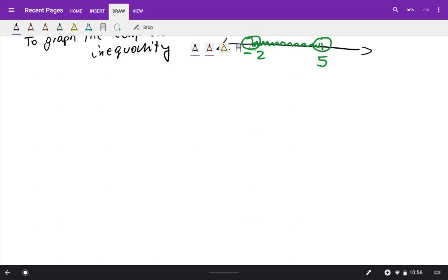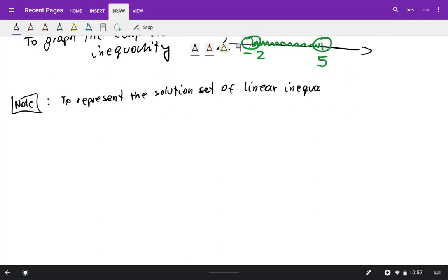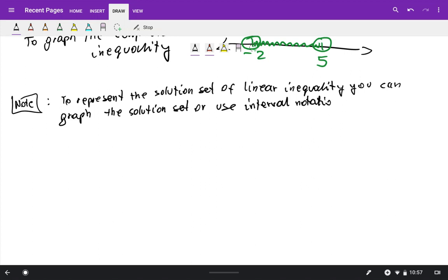Okay, so note, to represent the solution set of a linear inequality, you can graph the solution set, or use interval notation, or use set builder notation.